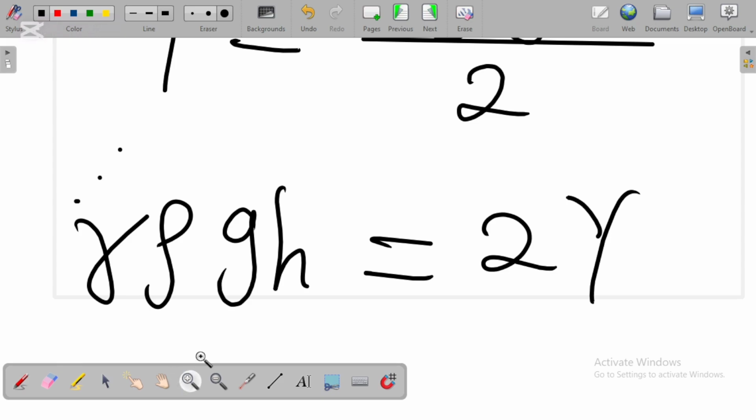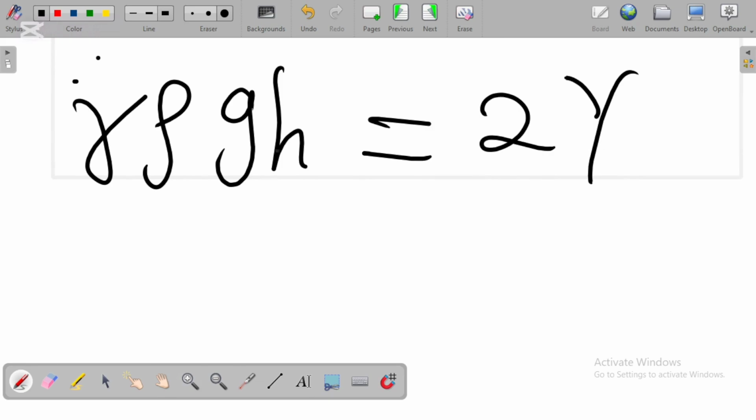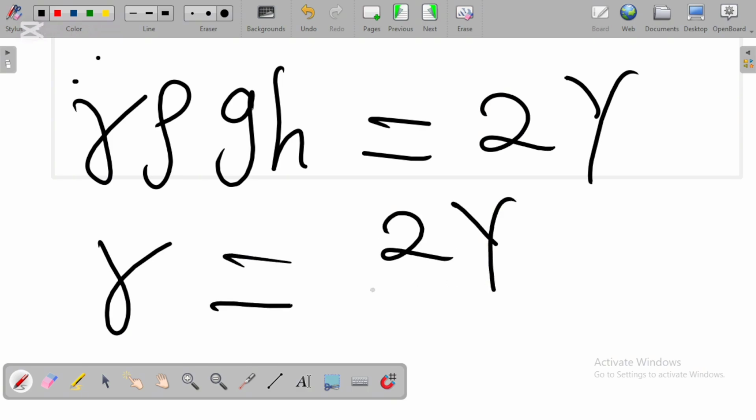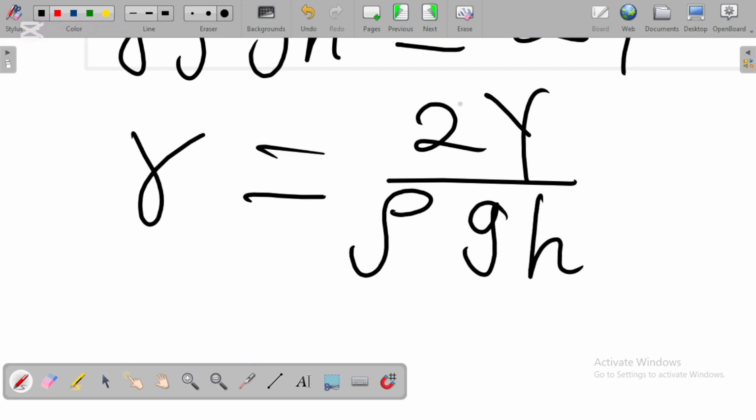Now we are looking for R, so we simply divide both sides by rho g h. So R is equal to 2 gamma all over rho g h.